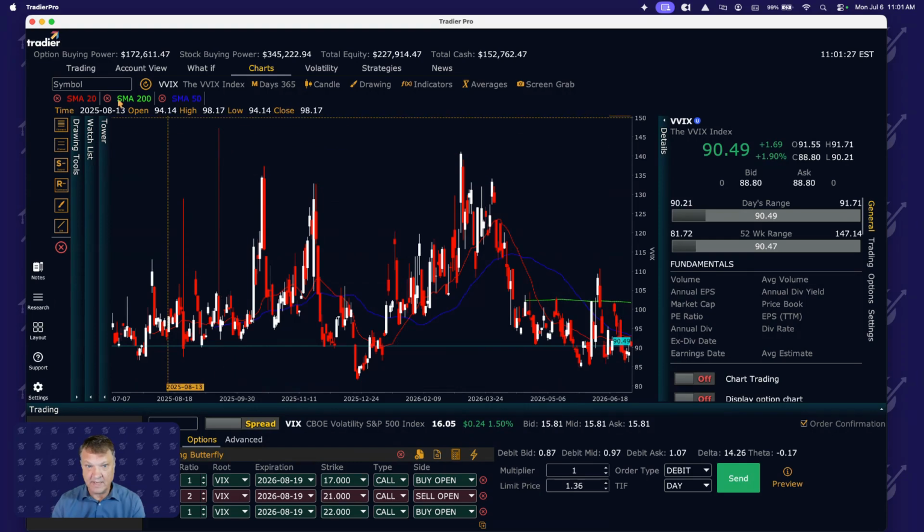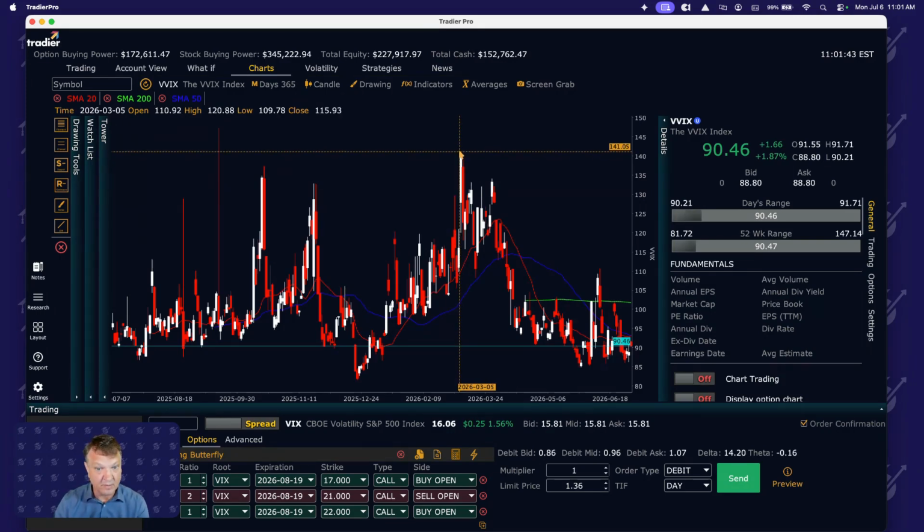Now, if we look at the VIX chart, which is the volatility of the options, the VIX options inside the actual VIX index, it's the VIX of the VIX. And we see it go as high as 140, means the options are trading at 140% vol 30 days out, and then as low as 86.